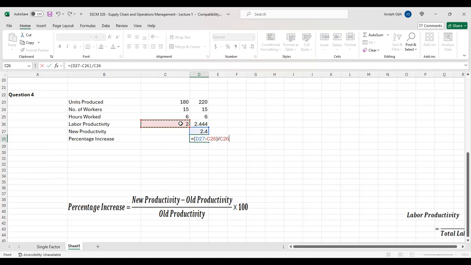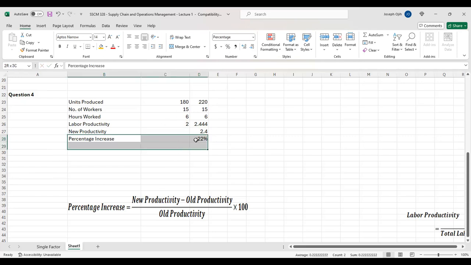That gives us 0.22. Now I change it to percent: 22%.